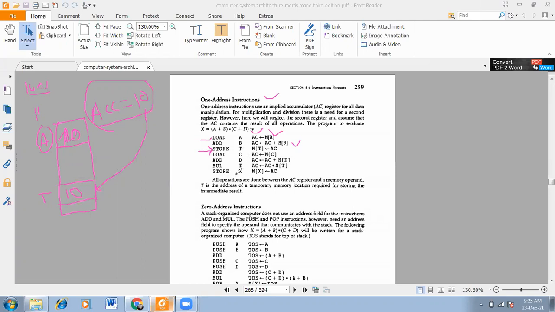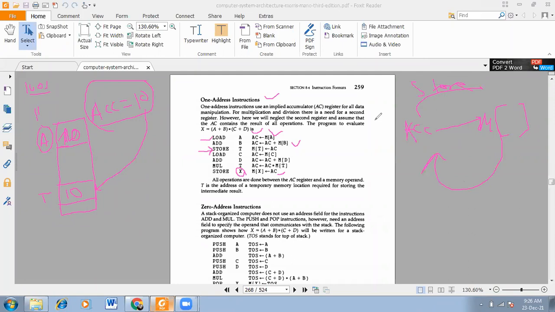Store means the data that was in the accumulator is stored at X. So remember, the direction for store is from the accumulator to that particular location where you want to keep it. In load, it is the opposite: the memory location comes into the accumulator.